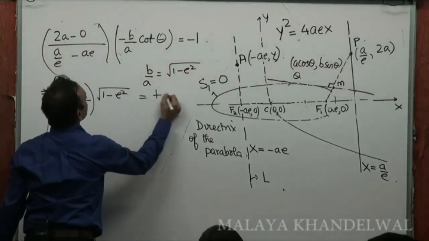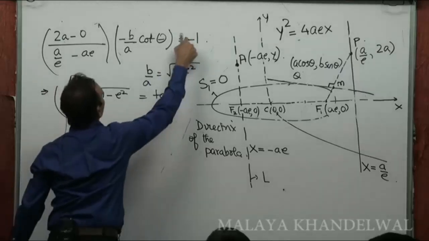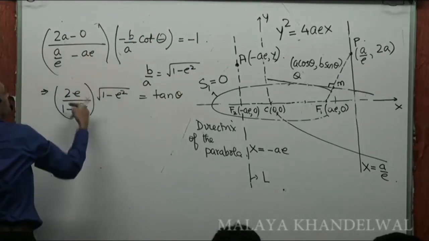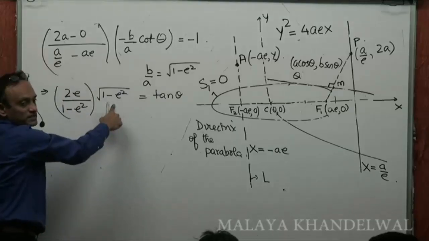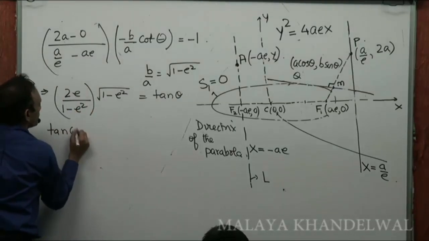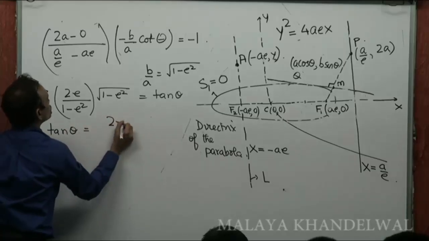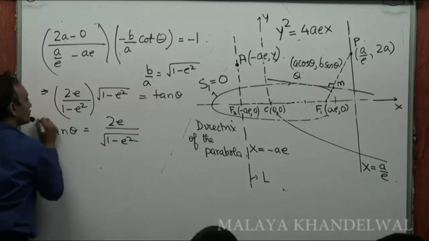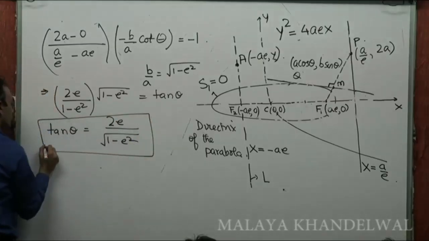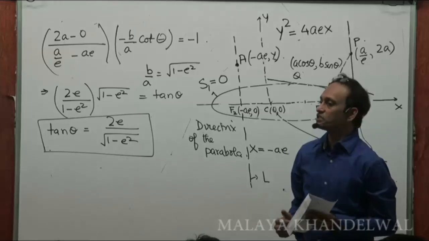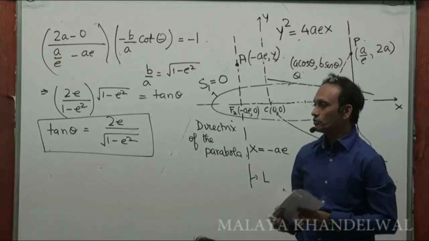Cot theta is taken to the other side, so this will be tan theta, and b by a is written as root 1 minus e squared. This e goes up, a gets cancelled, so 2e by 1 minus e squared, this must be tan theta. So tan theta gives us the eccentric angle, 2e by root 1 minus e squared. Such must be the eccentric angle theta of the point.